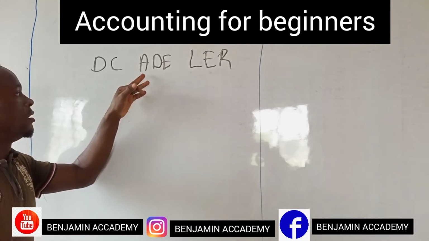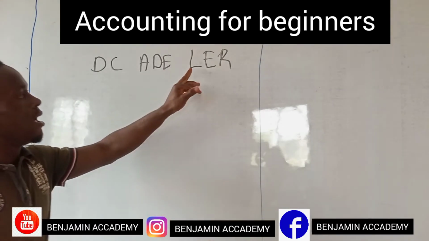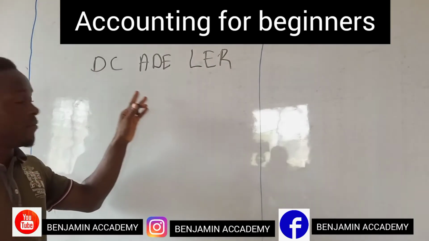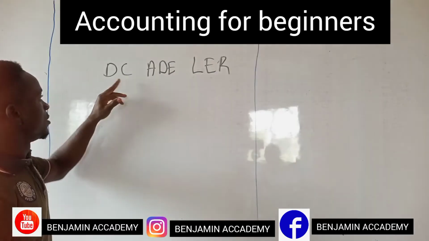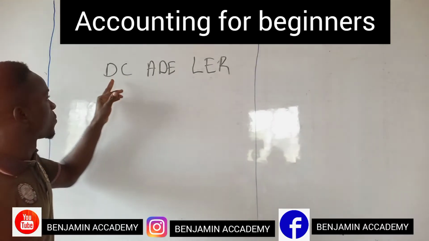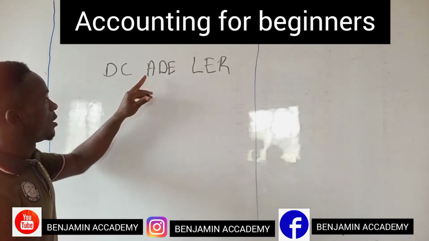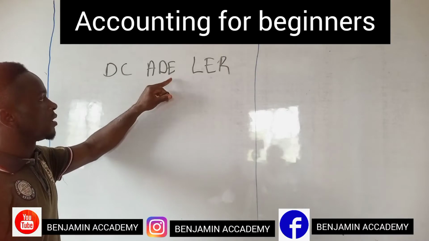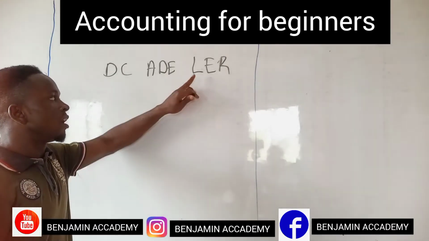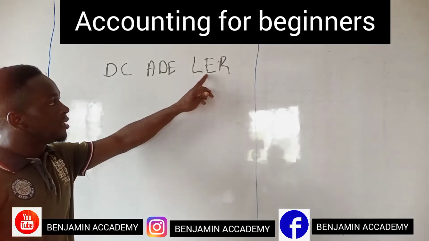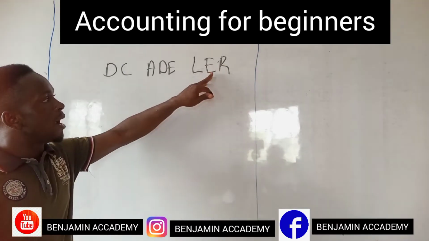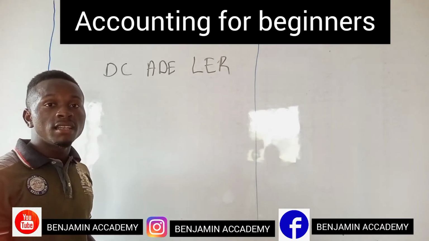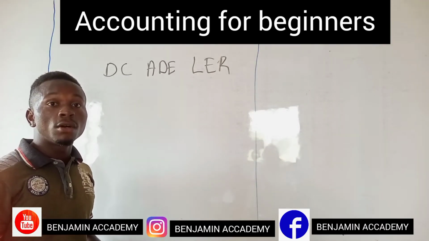The DC, as I first explained, D stands for debit, C stands for credit, A stands for assets, D stands for draw, E stands for expenses, L stands for liability, E stands for equity, R stands for revenue. How do you classify them is the question that is being asked all the time.